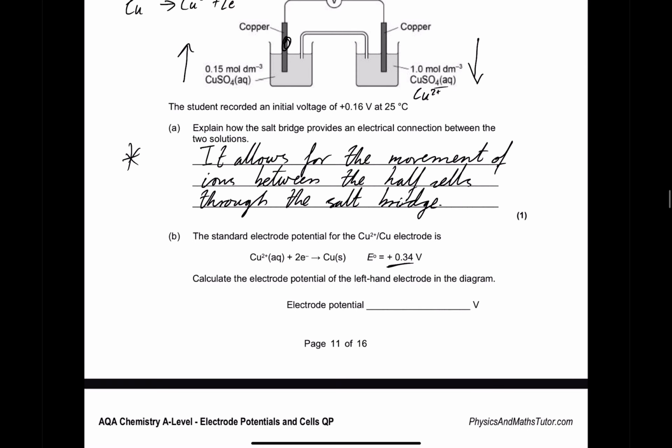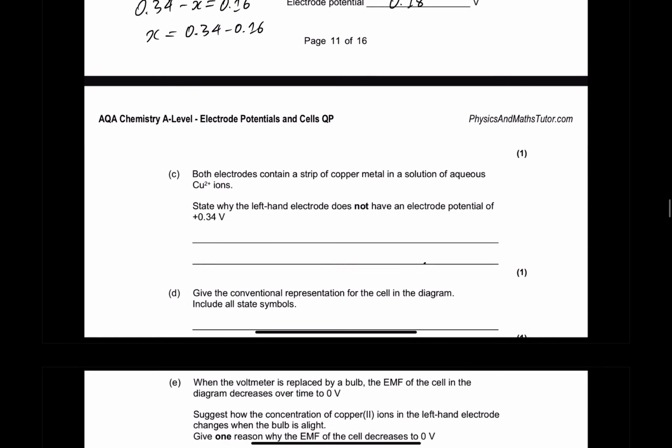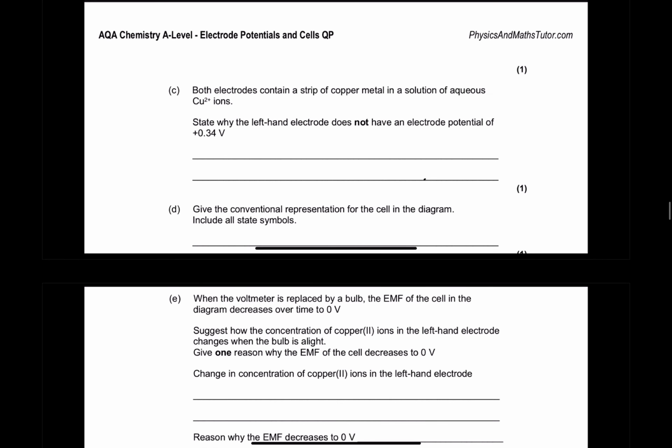So it'll be 0.34 minus x equals 0.16. Therefore, x is equal to 0.34 minus 0.16, if I move it over to this side. That's just 0.18. Both electrodes contain a strip of copper metal in a solution of Cu2+ ions.